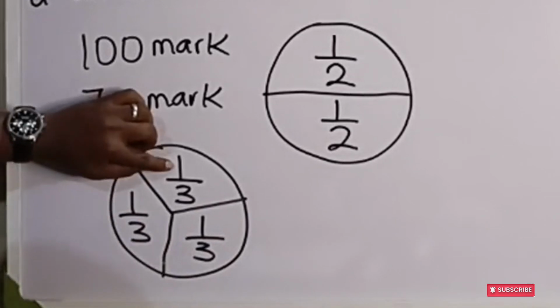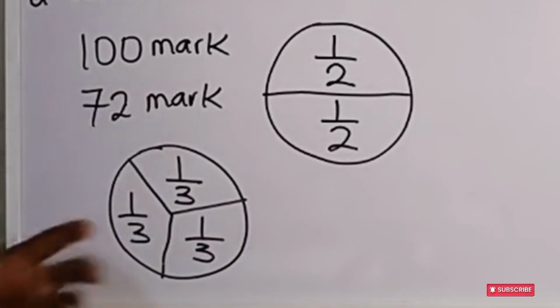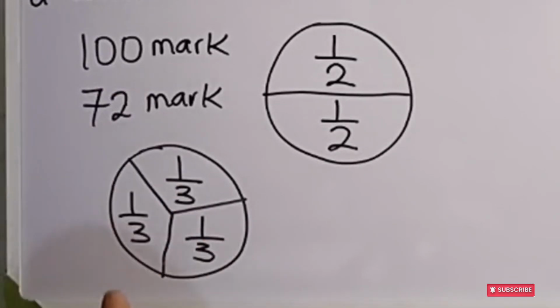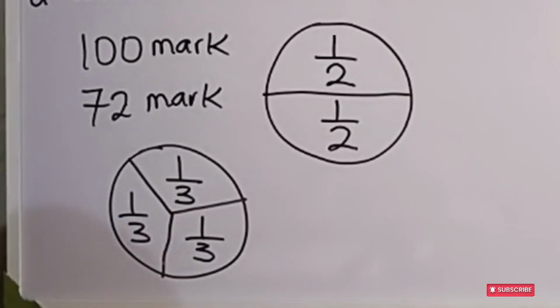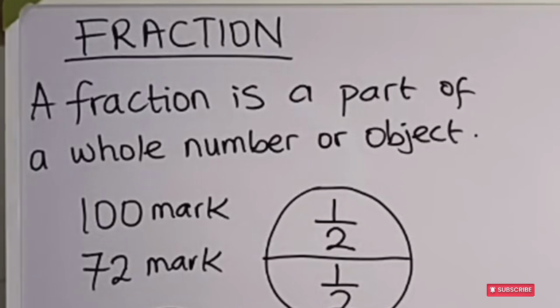So the number on top represents what is shared. The number at the bottom represents how many persons are sharing it in this particular situation, okay? So what we are building on here is our understanding of what a fraction is. A fraction is a part of a whole number or object.